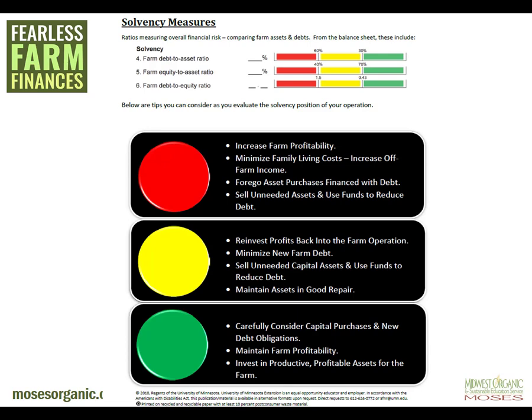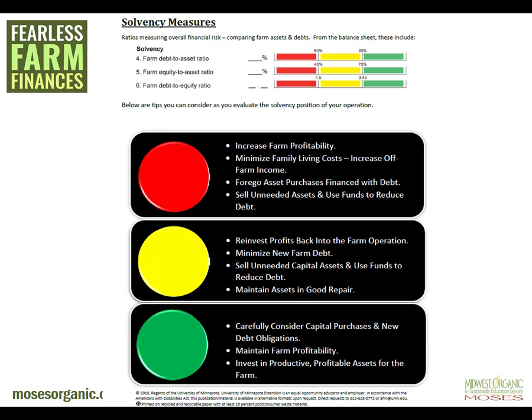So, for example, if you do have a debt to asset ratio which is 60% or higher, you can deduce that, hey, we have to increase profitability somehow, or we have to minimize our family living, or we have to forego the purchase of things because we can't afford to have any more debt, and we probably need to sell unneeded assets and use the funds to reduce our debt.